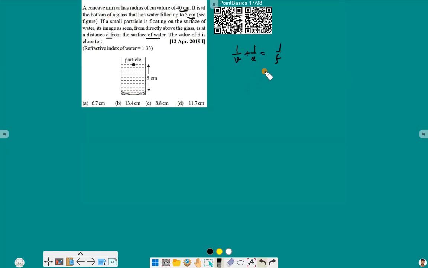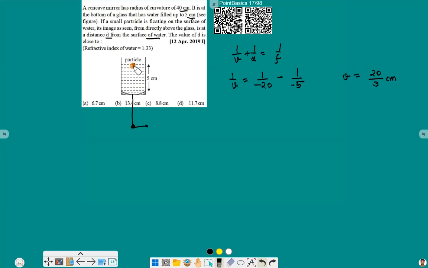So we can write that 1 by v is equal to 1 by f, that will be 1 by minus 20, minus 1 by u, and u is negative 5. When we solve this, we will get v is equal to 20 by 3 centimeter. So it is positive, which means the image is formed at some point here.